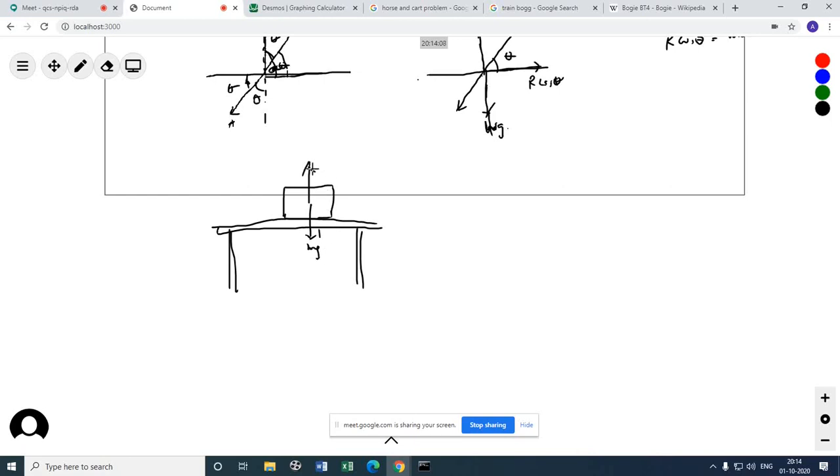You see here it is mg and the reaction force is R. So R minus mg is equal to 0, that is R equals mg. These two forces are equal and opposite. Although I am drawing it here, remember that the weight is acting on the table and the reaction is acting on the block. Okay?